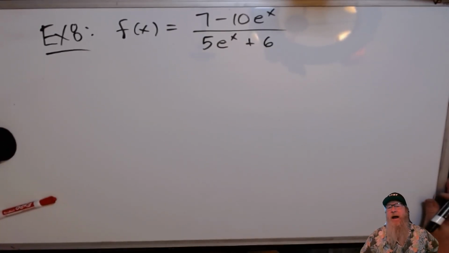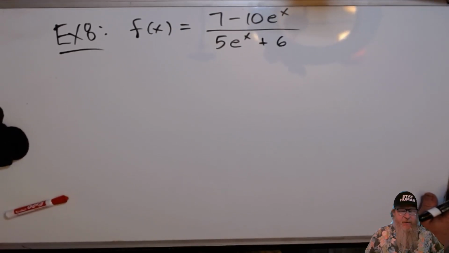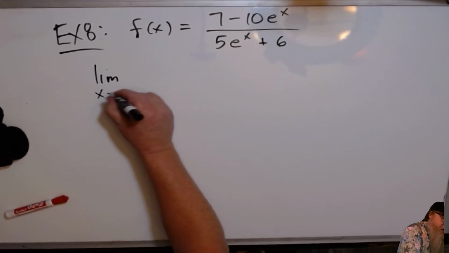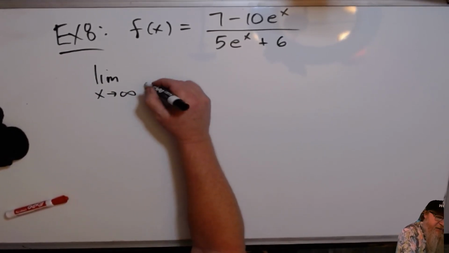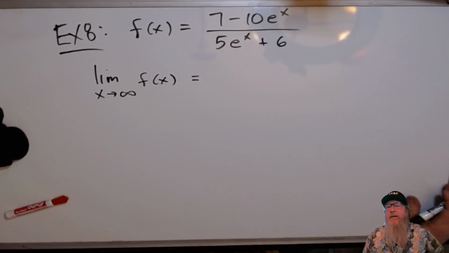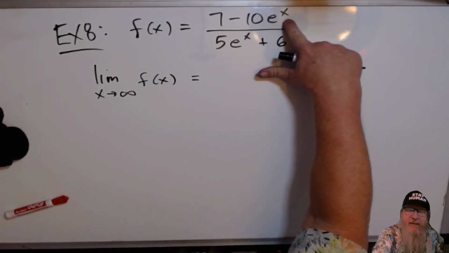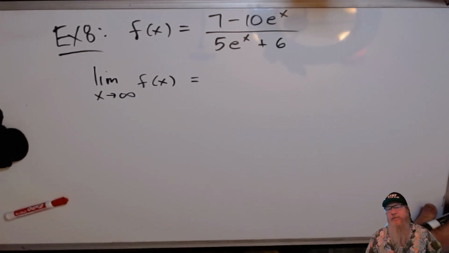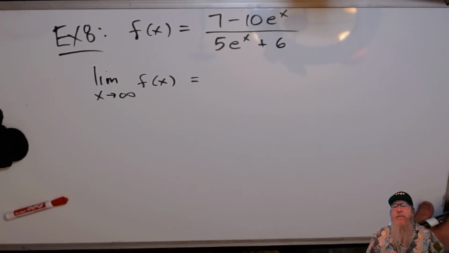I kind of gave it away, but we're getting close to the end, and I want to make sure I make this very clear. So when we do the limit as x goes to infinity, the largest positive power is just e^x. There's no constant on the power.